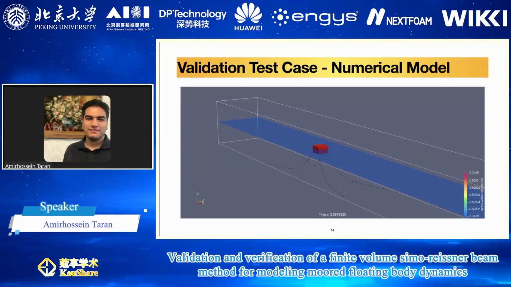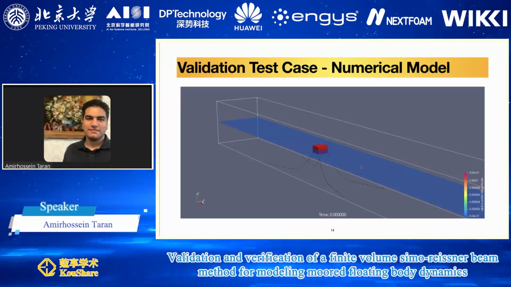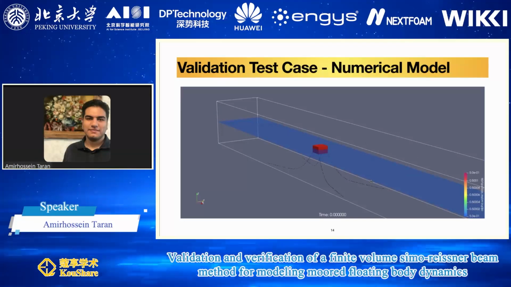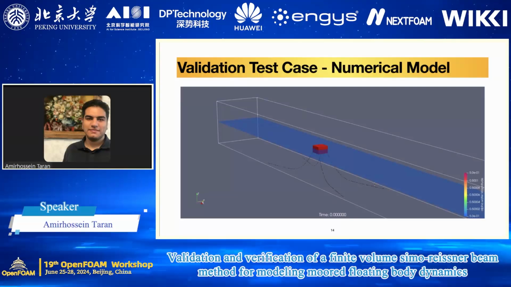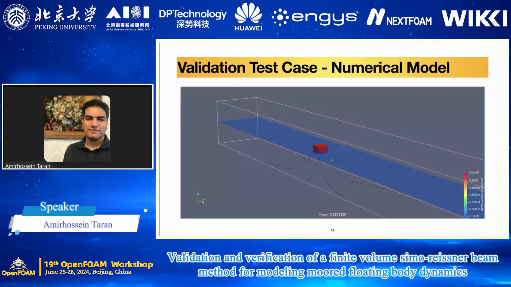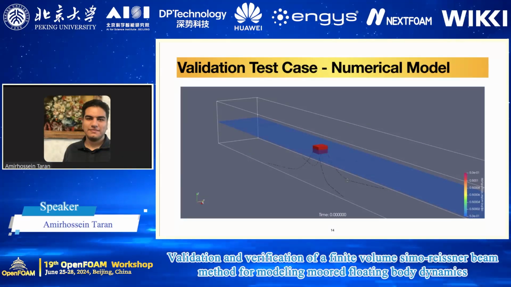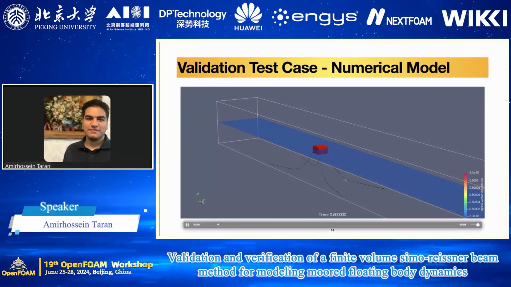So one next step for us might be validating or replicating another experiment which considers way more extreme waves, to ensure that the large displacement assumption that we had in the beginning also works.